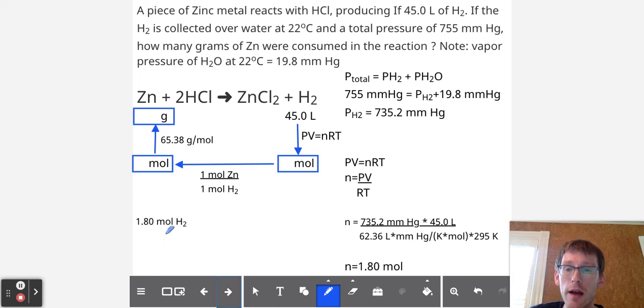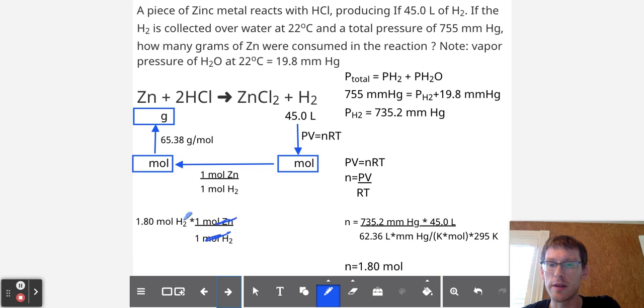And from here, we can just do dimensional analysis, right? We're at the point of 1.80 moles. We've done all the gas law stuff, the Dalton's law, the ideal gas law. Now we're at straight up classic stoichiometry. So we just say 1.80 moles of hydrogen. We multiply by the mole ratio of zinc to hydrogen.